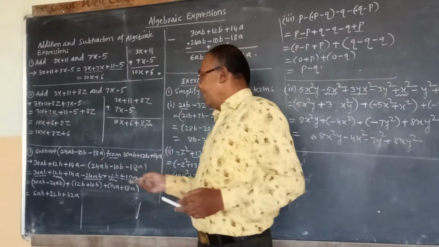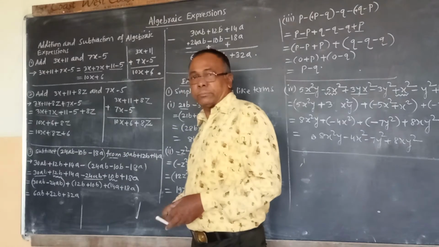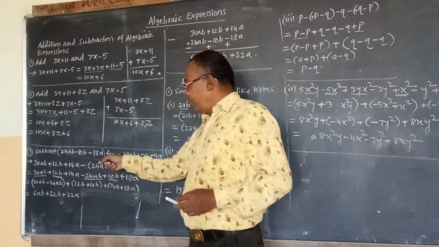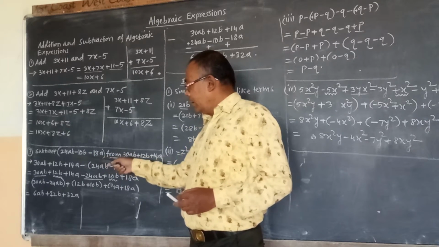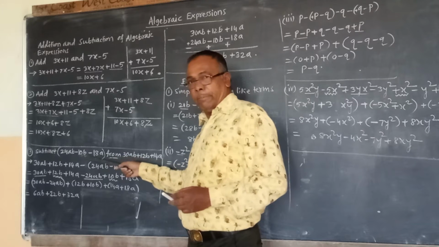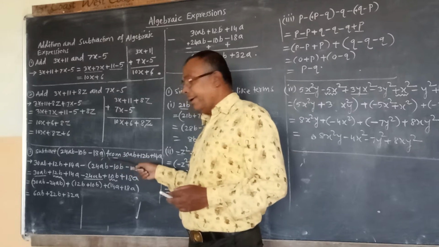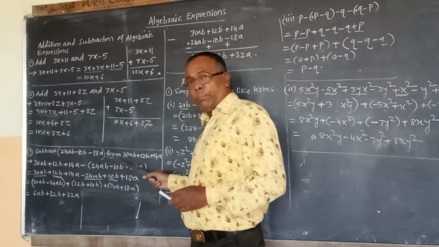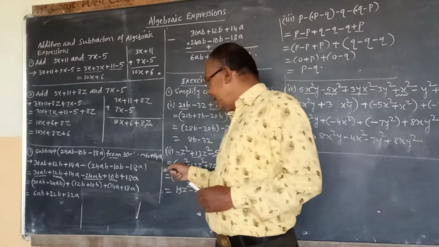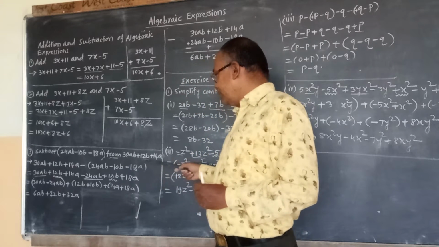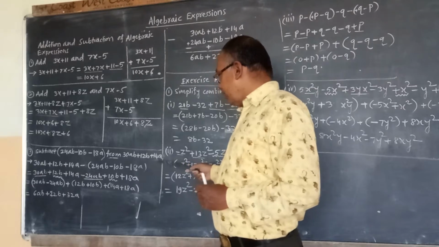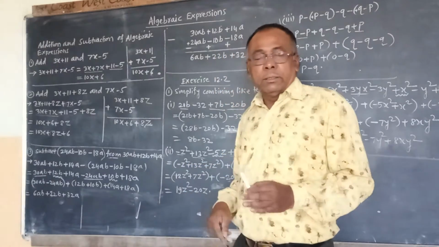So we will see: subtract 24ab minus 10b minus 18a from 30ab plus 12b plus 14a.